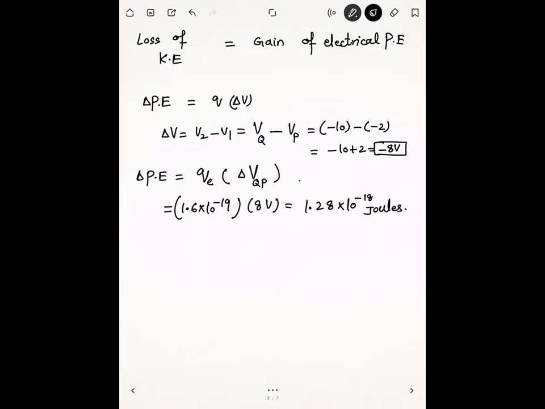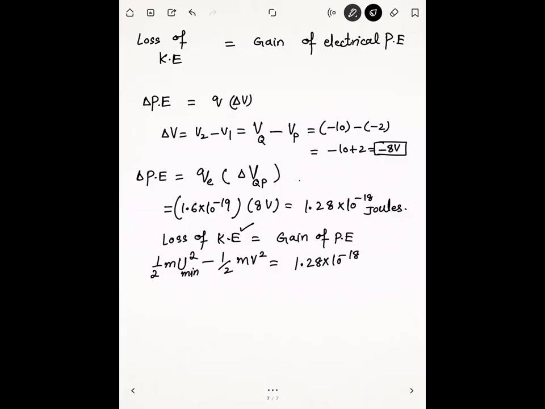Now, if we apply formula that the electron is moving against the repulsion, and obviously it is losing kinetic energy, so we'll say loss of KE will be equal to gain of PE. In case of loss, the initial value will be bigger, so it is 1 over 2 m u minimum square minus 1 over 2 m v square is equal to gain of PE is 1.28 into 10 power minus 18.